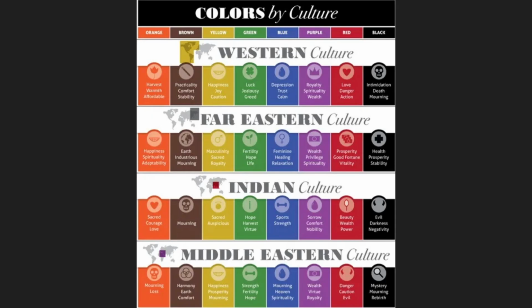In Hinduism, specifically, it's linked to Krishna, which is the embodiment of love and divine joy. For the Catholic population in Latin America, it's Mother Mary's mantle, so it's also religious, but it can also mean mourning in some areas. And I'm not gonna go through all the colors because I don't want to blast everyone with color.